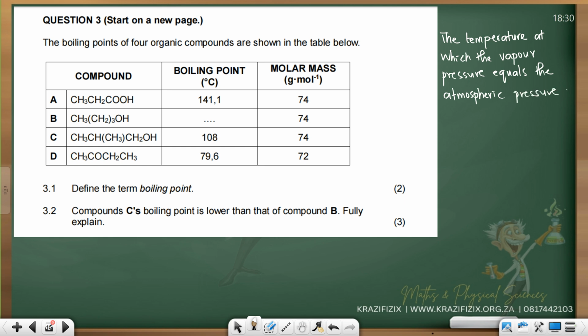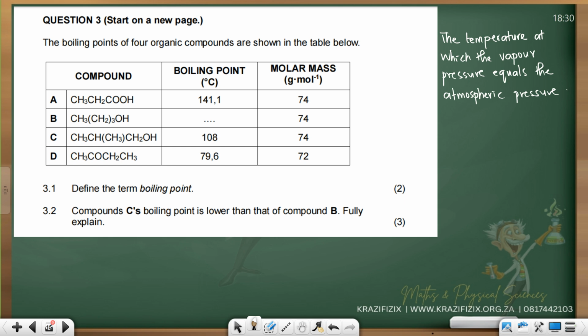Okay, quickly. Compound C's boiling point is lower than compound B. Fully explain why. Although they have the same molar mass, what would you say? Compound C is lower than compound B. What could be responsible for this? Why would you say surface area?